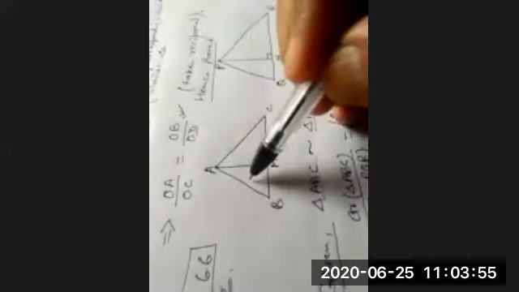Now you can say that triangle ABM and triangle PQN, are these two similar triangles? Yes, sir. How?